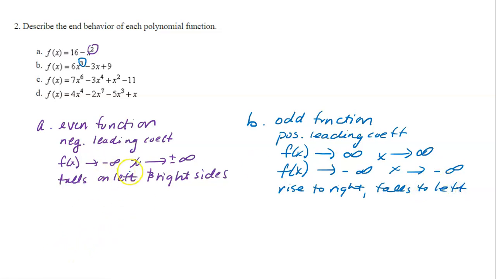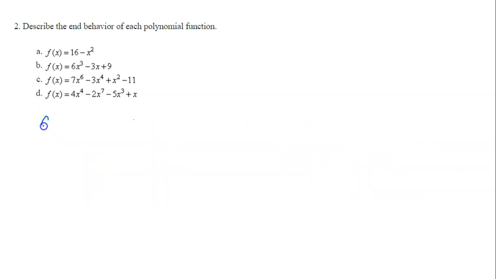Okay, let me erase this and do C and D. Okay, so C is an even degree function with a positive coefficient.